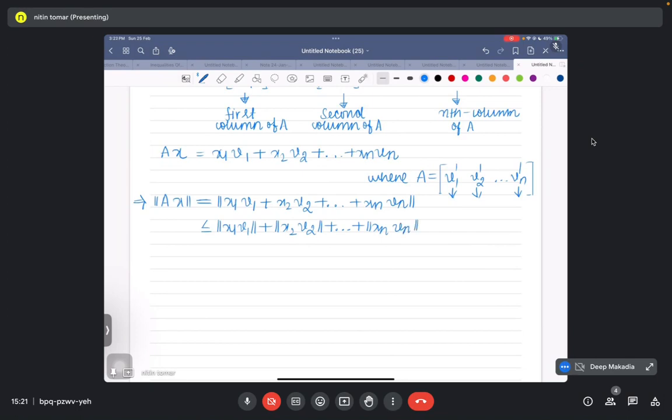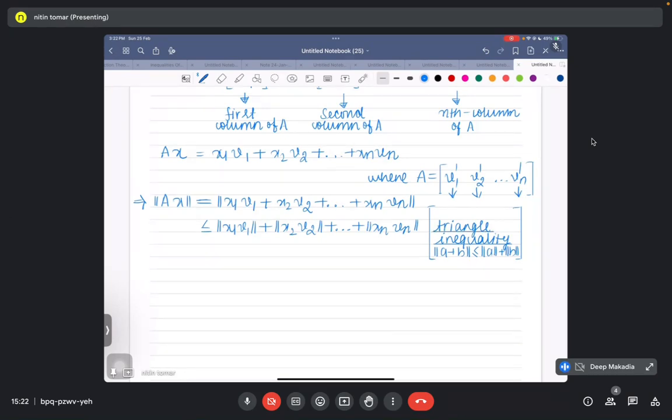Am I correct? All of you know the triangle inequality; last time we discussed it. You apply it n times. What is the triangle inequality? Norm of a plus b is less than or equal to norm a plus norm b. And this is what we are applying n times, correct?